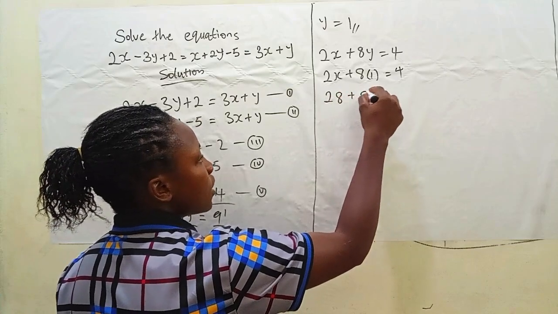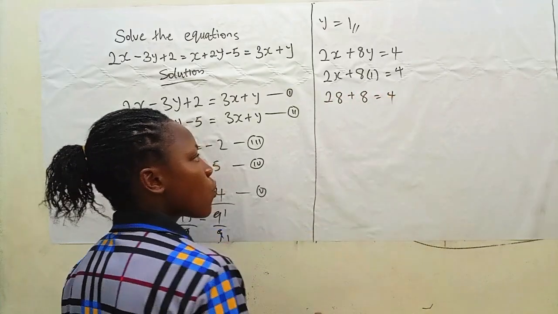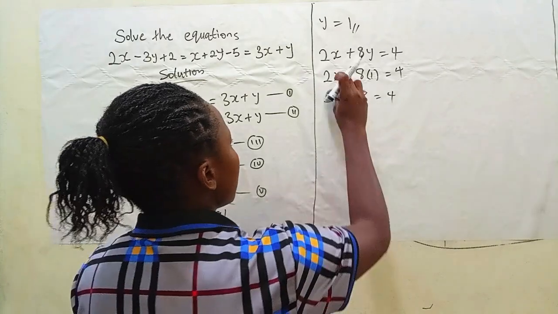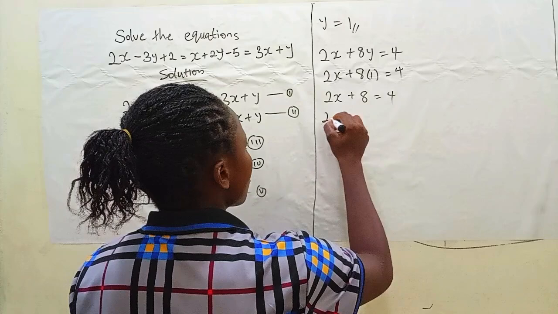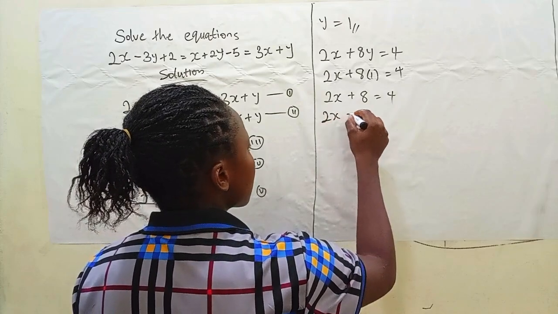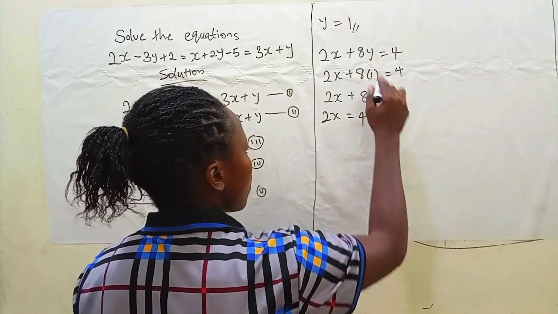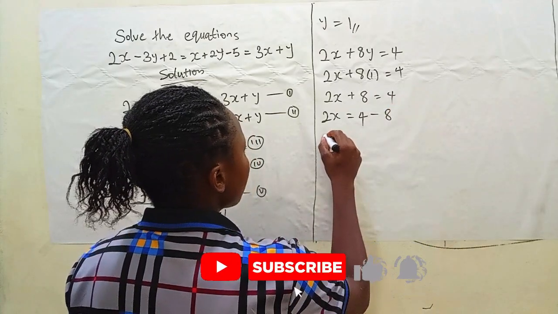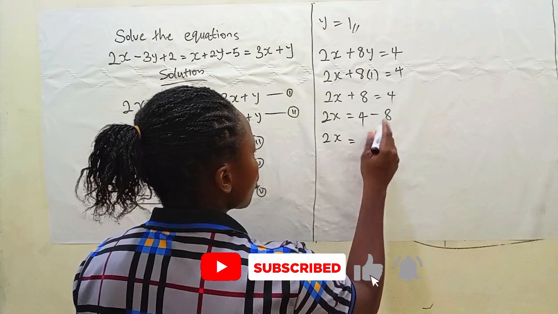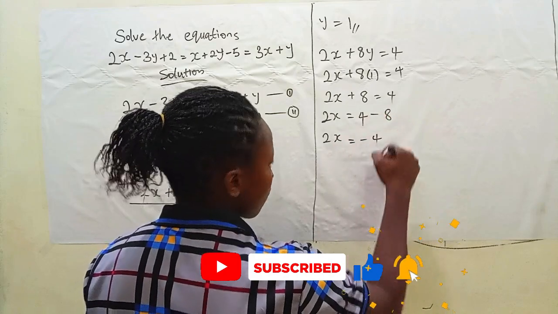2x plus 8 equals to 4, right? So we have 2x equals to 4 minus 8. We want to have 2x equals to this minus 4.